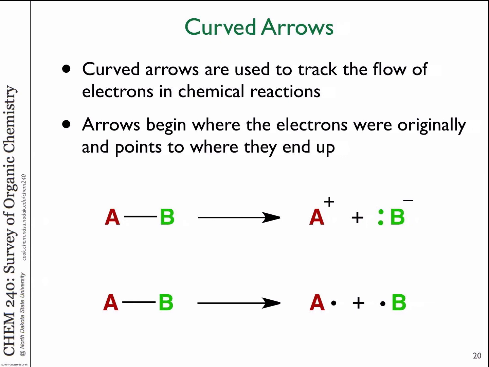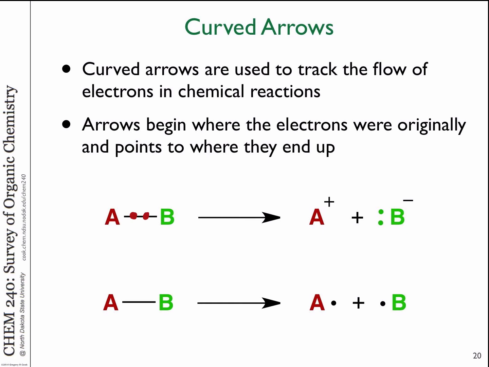So for example, if I have this reaction, A bonded to B, and they break apart and form A plus and B minus, how would I draw the electrons flowing in that process, using a curved arrow? So the electrons that are changing are the ones in the bond. I'm just going to highlight them here. There are two shared electrons in this bond, right?